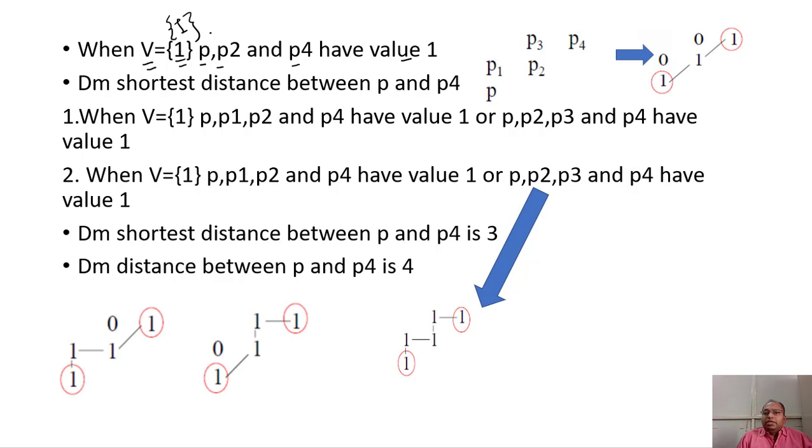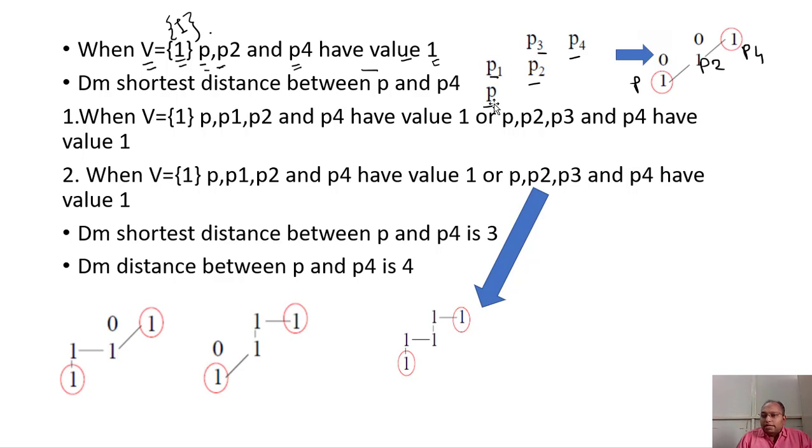Let us say these are the locations of my pixels p, p1, p2, p3 and p4. In the first example, we said that pixels p, p2 and p4 have value 1. So p is over here, p2 is over here and p4 is over here. They have value 1, right?